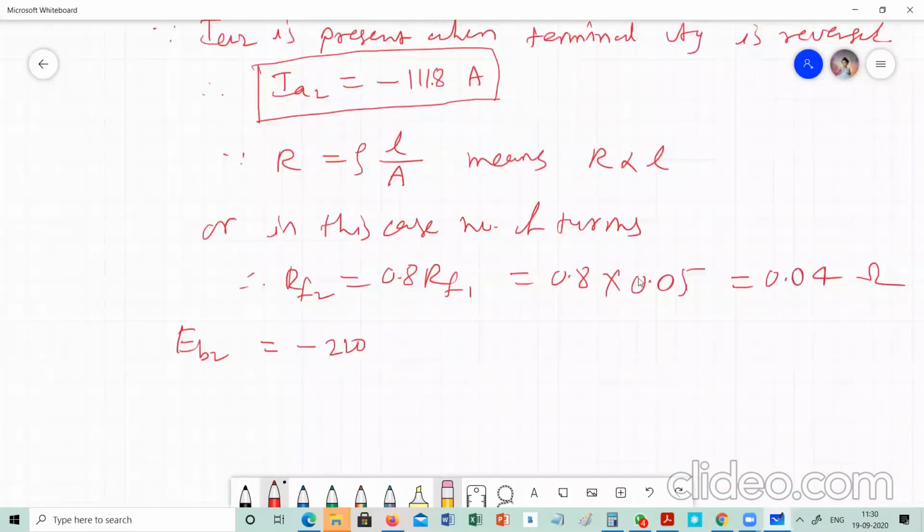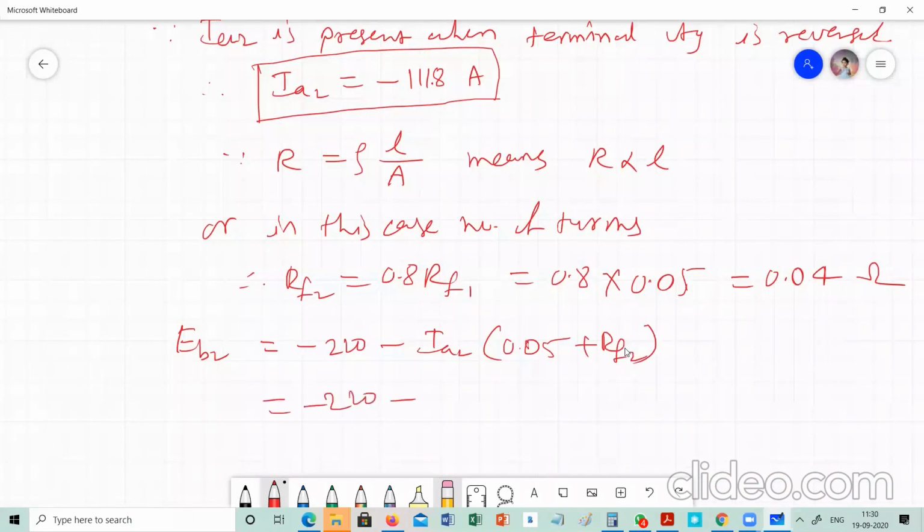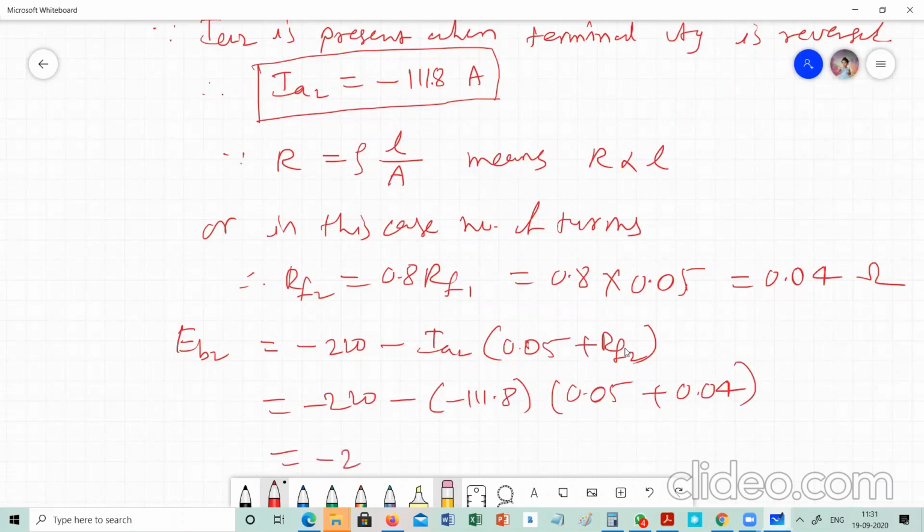Minus 220 minus IA2 in bracket 0.05 plus RF2, is equal to minus 220 minus minus 111.8 into bracket 0.05 plus 0.04. ते मायनस मायनस प्लस होते ना इथे. सॉल्व केलं तर एवढं येते बघा, -209.94.